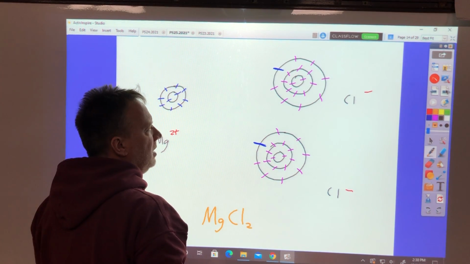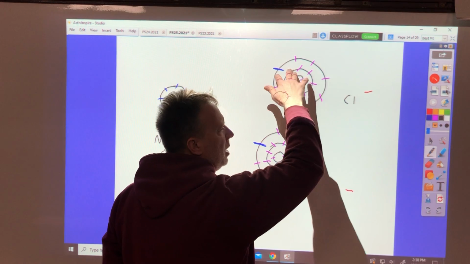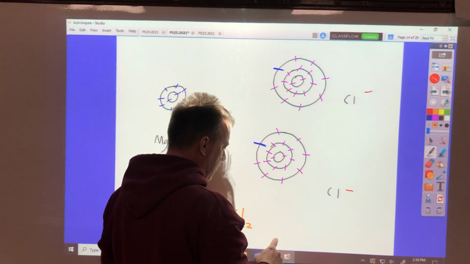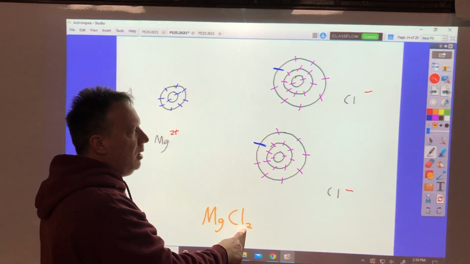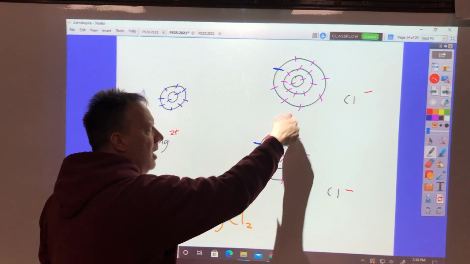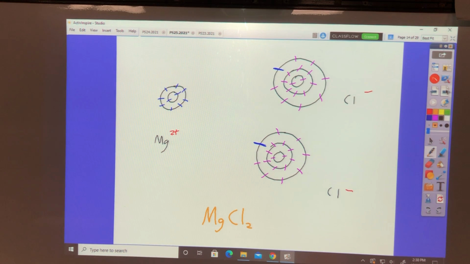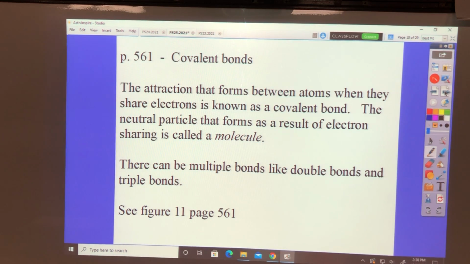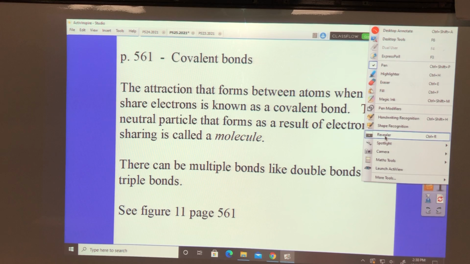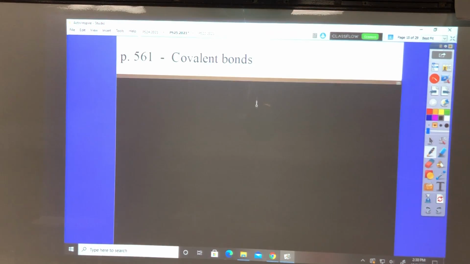This is two positive, and this is chloride minus, and this is chloride minus, and we write MgCl2. One of these and two of those. That's how that's done.